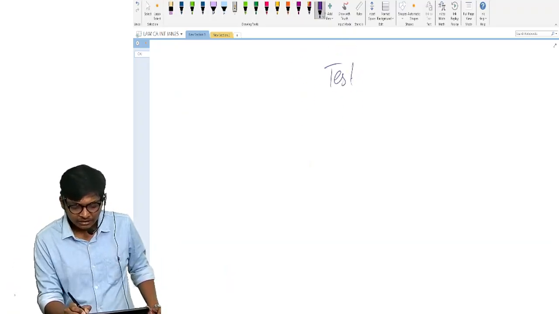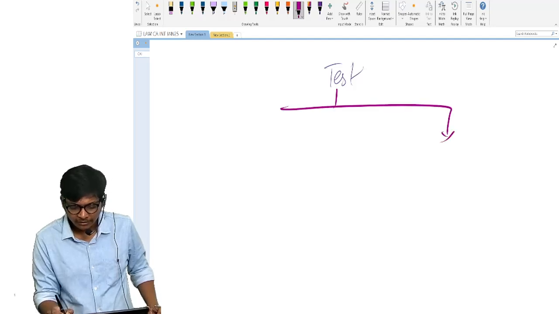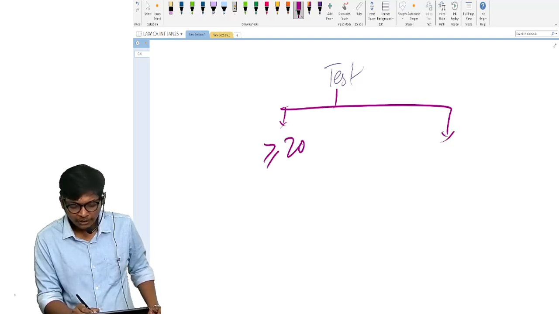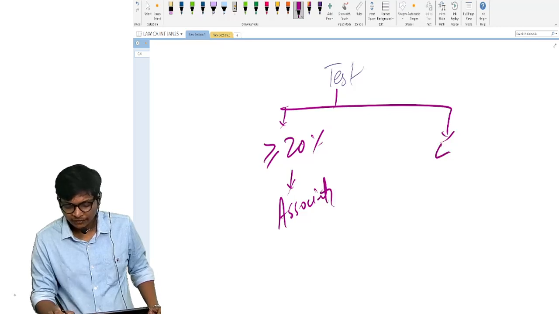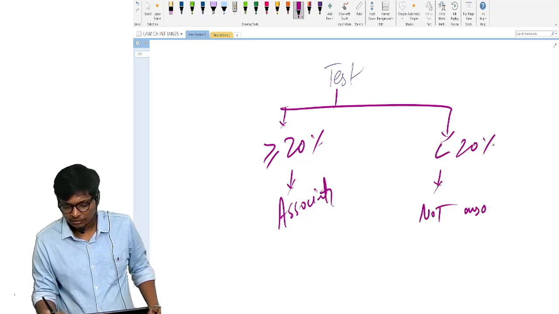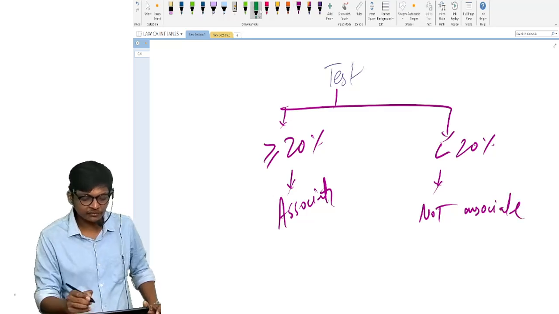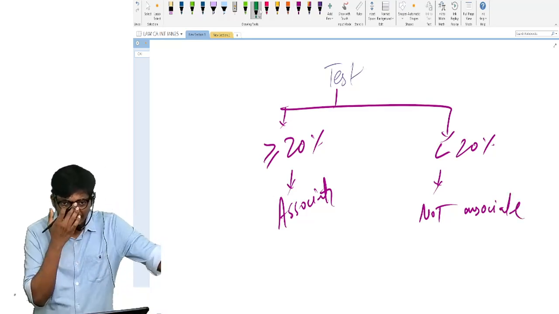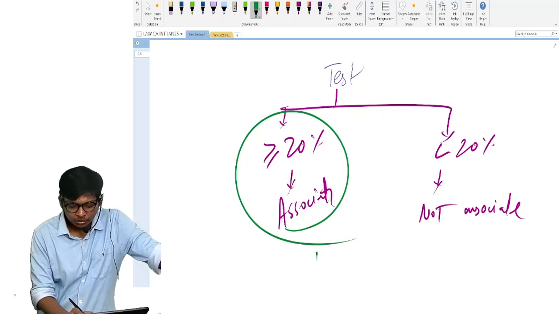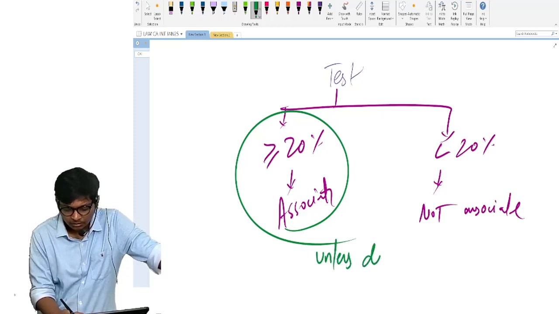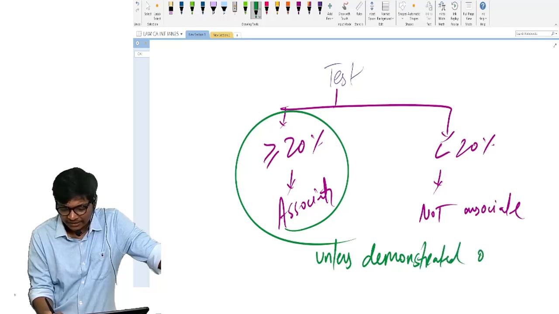The test for associate is very simple. If you have more than or equal to 20%, you become an associate. If you have less than that, not an associate. For foundation, that is enough. But the same definition actually has this. In the book it's there, that's why I'm taking it. They use the word unless demonstrated otherwise.